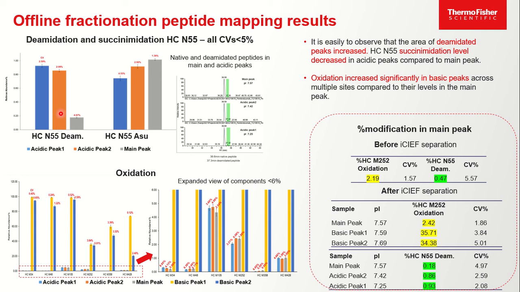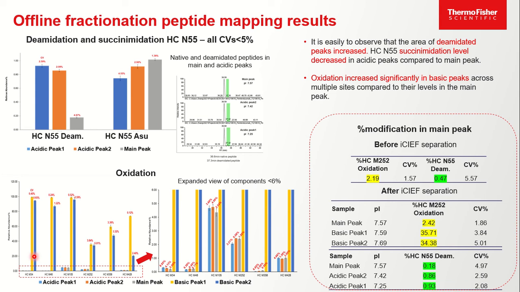It is easy to observe that the area of the deamidated peaks increased, and heavy chain N55 succinimidation level decreased in acidic peaks compared to the main peak.